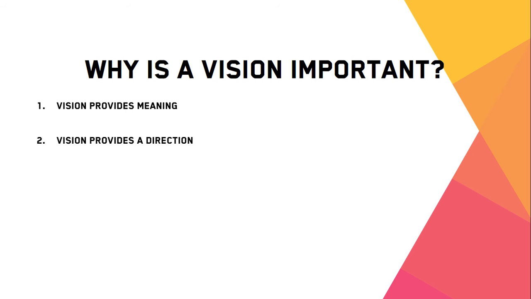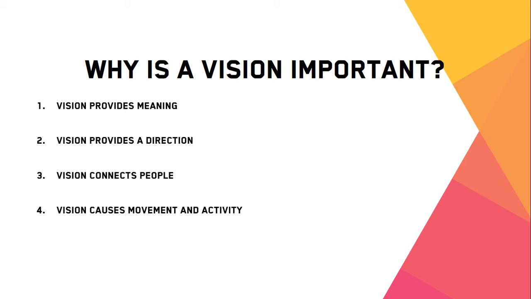Secondly, a vision provides direction. The ambitious goal incorporated in a vision functions as a guidance for action steps. Thirdly, a vision connects people. The vision focuses on people's shared values and goals, which bonds them. The fourth point is that a vision causes movement and activity. It shows people where to move towards.